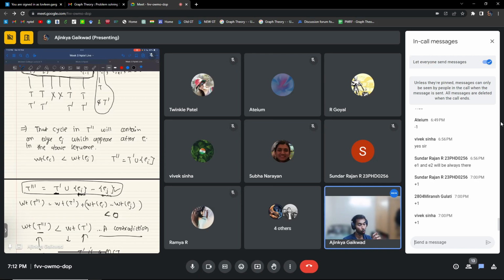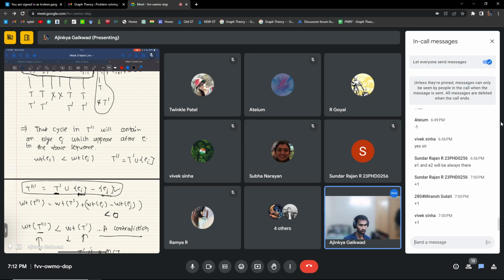And EI only gets added to the solution if it doesn't form a cycle with edges that appear before EI. So Kruskal's algorithm has a reason behind choosing EI to put it inside the solution. It doesn't form any cycle with the edges that appear before EI.